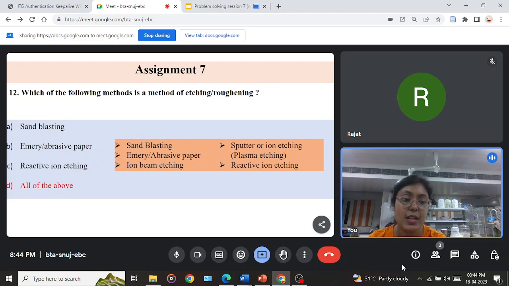All these methods are physical in nature. So the correct answer for this question is all of the above. That is, etching or roughening involves sandblasting, emery or abrasive paper, and reactive ion etching. So if there is no doubt, we can go forward and discuss the next question.